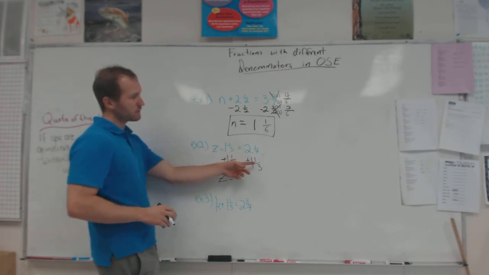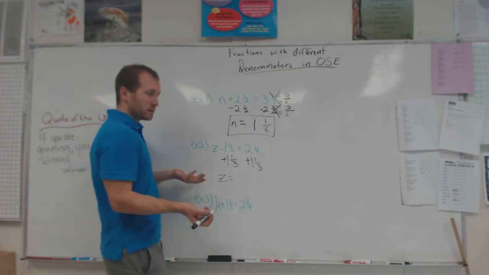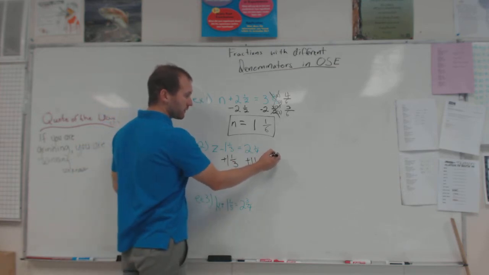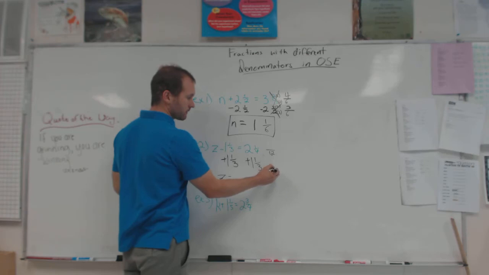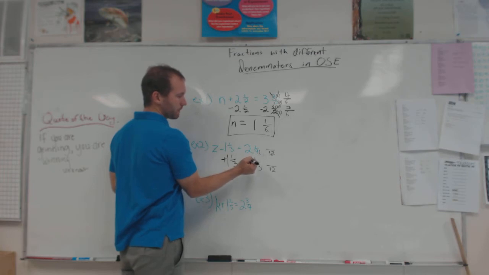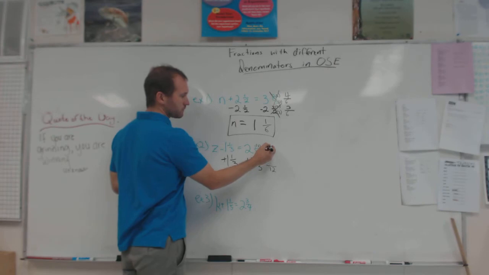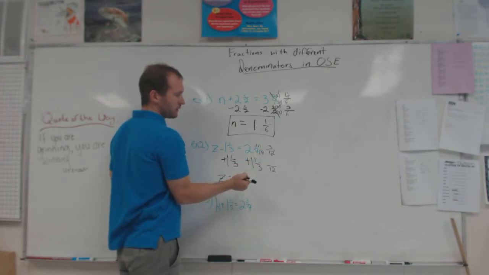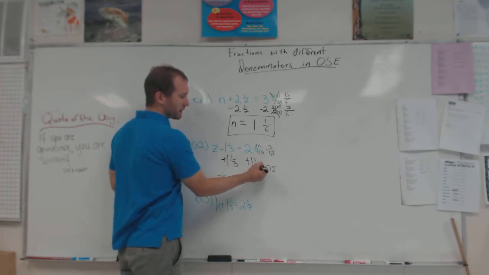What is 3 times 4? 12. So let's just do that. Okay. So what do I have to multiply 4 by to get 12? 3. Uh-huh. So in the top we're going to have 3. What do I have to multiply 3 by to get 12? 4.